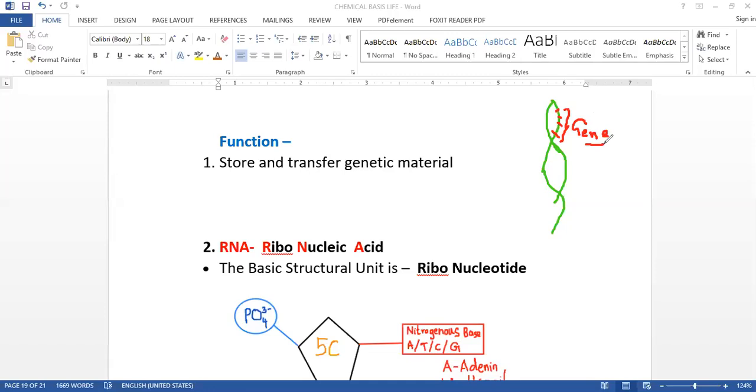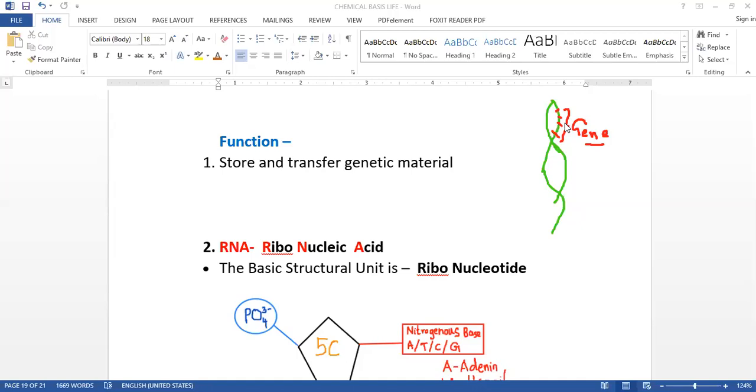When the order changes, your color will be changed. Or if this gene is responsible for your height, and when the coding, the software, the order of the gene changes, the height would also change.